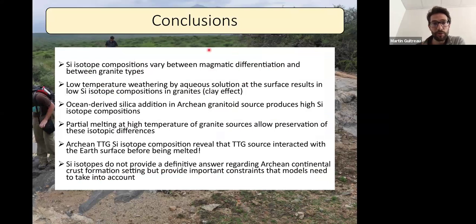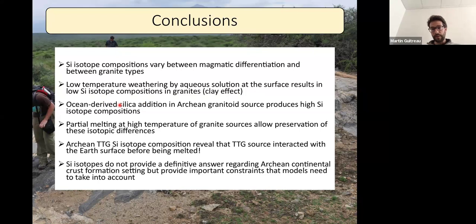So here's the conclusion. Silicon isotope compositions vary between magmatic differentiation and between granite types, as I showed you. Low temperature weathering by aqueous solutions at the surface can induce the formation of heterogeneous sediments, mostly what I call the clay effect, which will have low silicon isotope compositions. Ocean-derived silica will have high silicon isotope composition because the ocean itself has high silicon isotope composition.